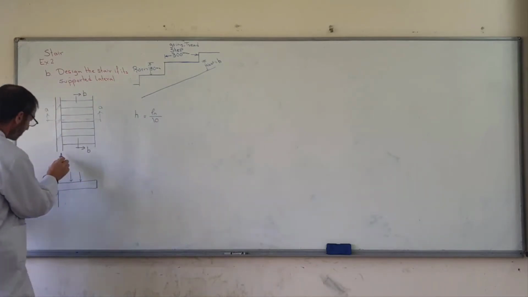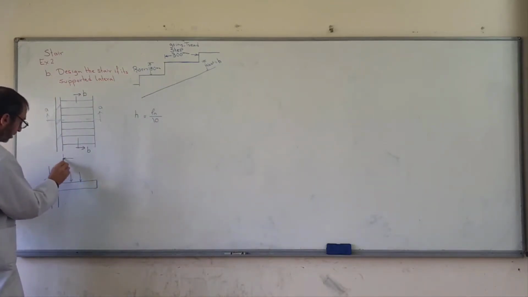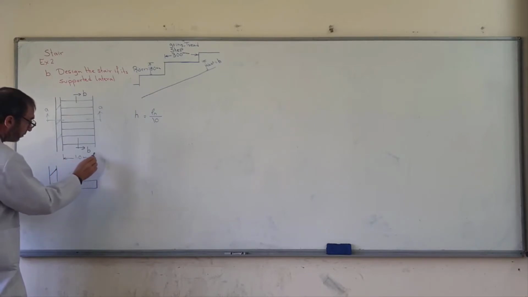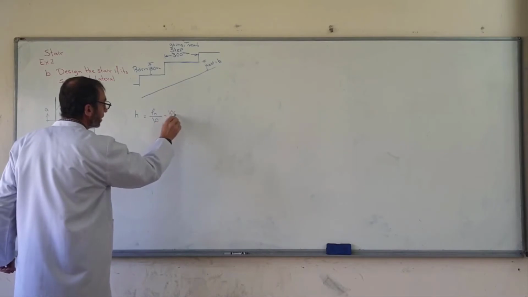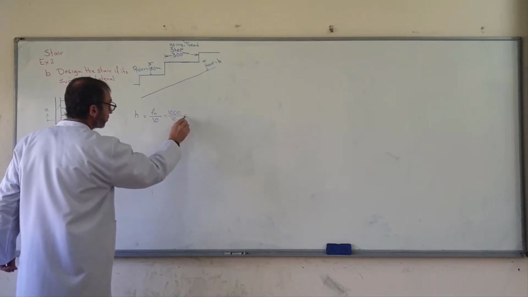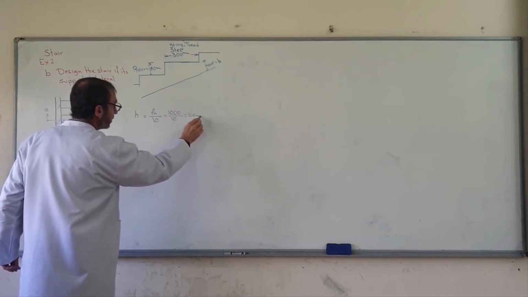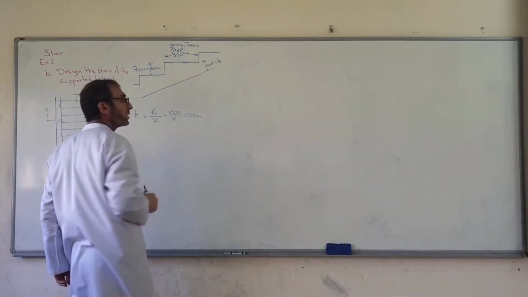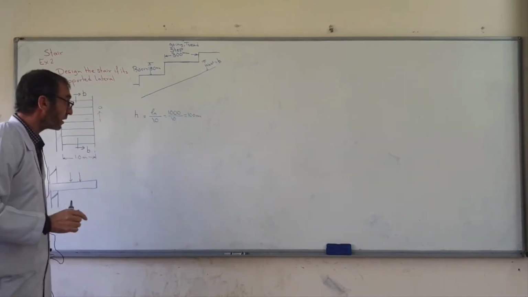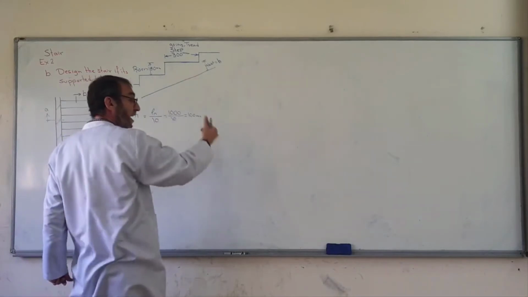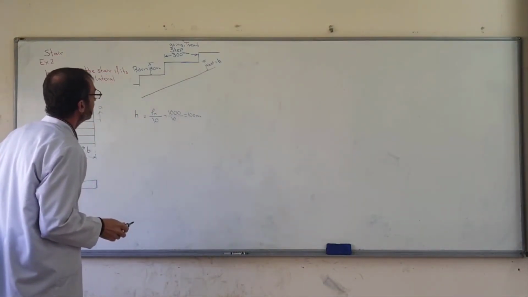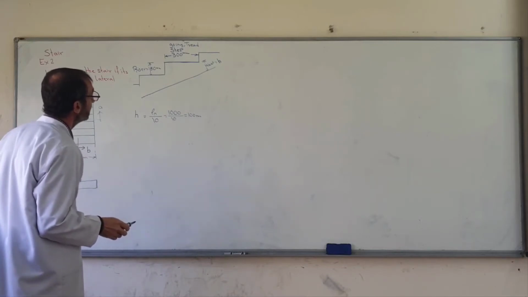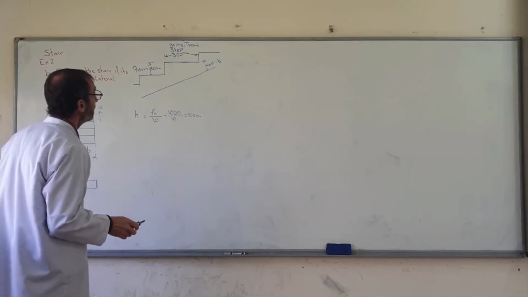Then this is 1 meter, so 1000 millimeters over 10 is equal to 100 millimeters. The thickness of the stair, or waist slab, is equal to 100 millimeters.